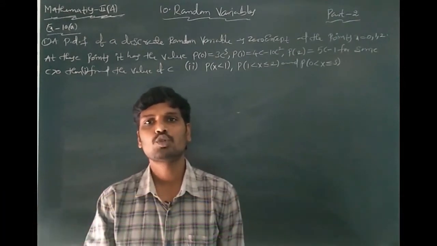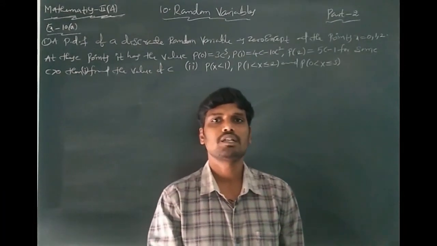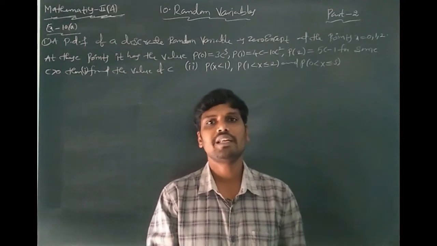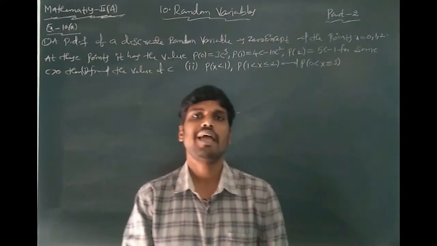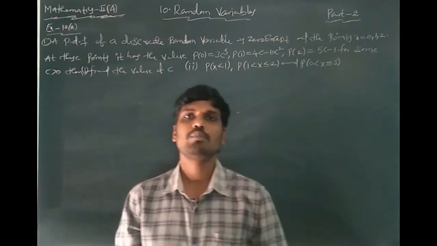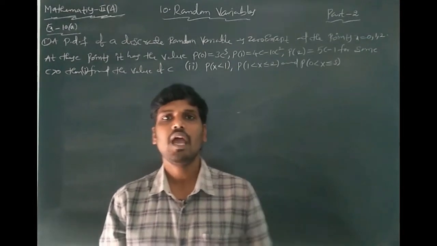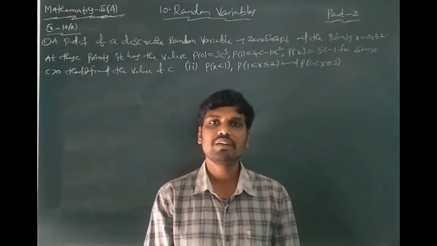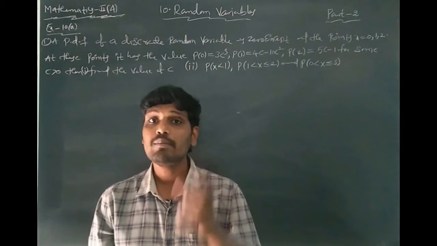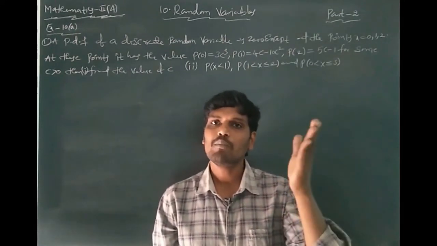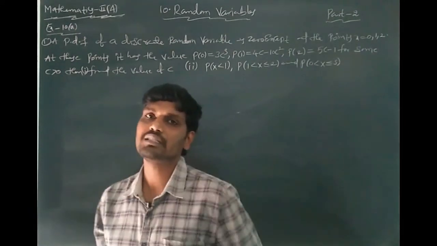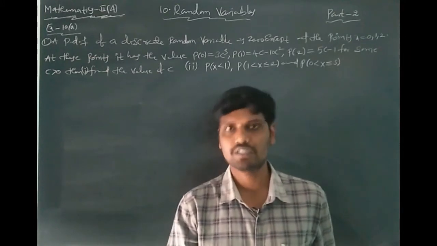This chapter belongs to Mathematics 2A part 2. The last part completed the introduction of the random variable, the definition of the probability distribution function, the discrete frequency distribution function, and similarly the formulas of the mean and variance of the probability distribution function.